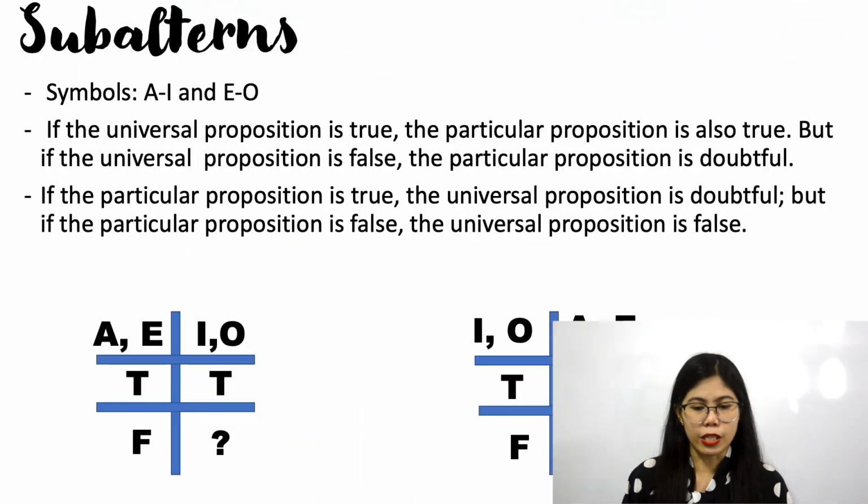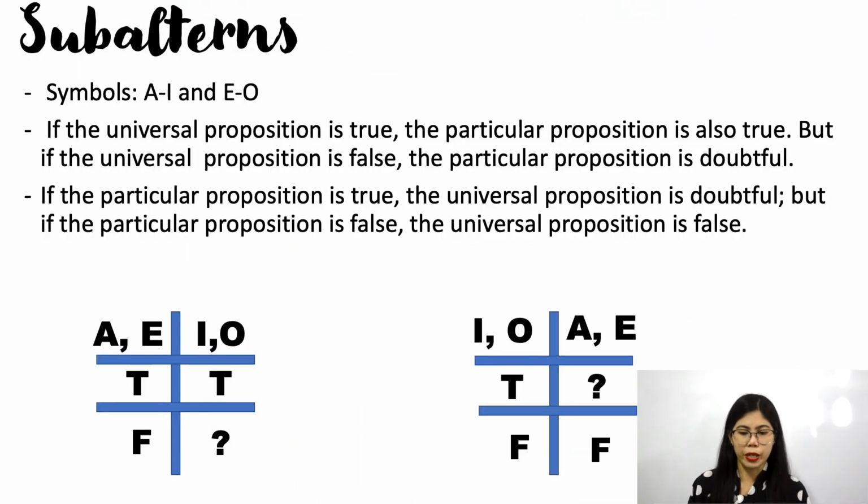Next is the subalterns, which come in two pairs. We have AI and EO.